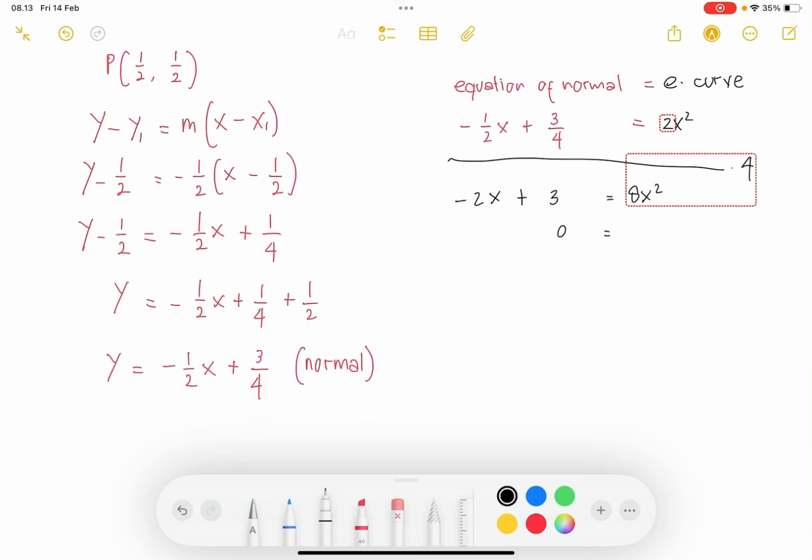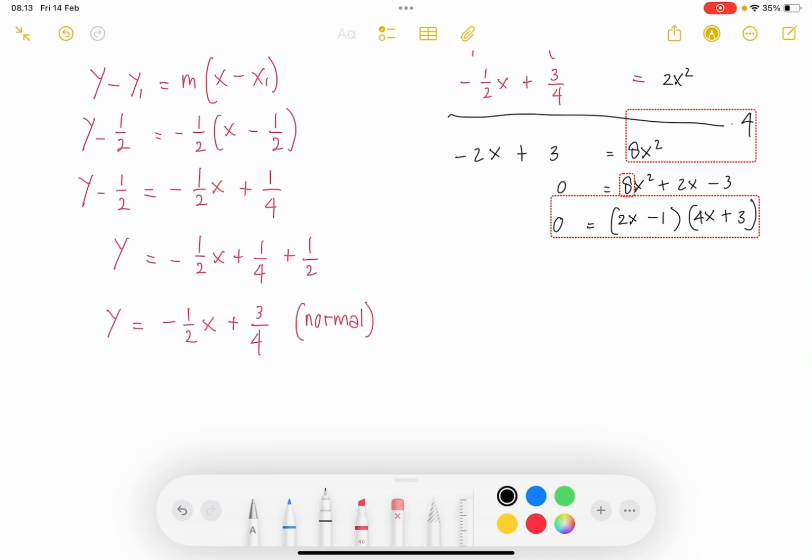So we move it all there: 8x squared plus 2x minus 3. If we factorize, it's going to be (2x minus 1)(4x plus 3). Let me check first: 8x, 2, 6, 6 minus 4. Oh yes, okay, correct.